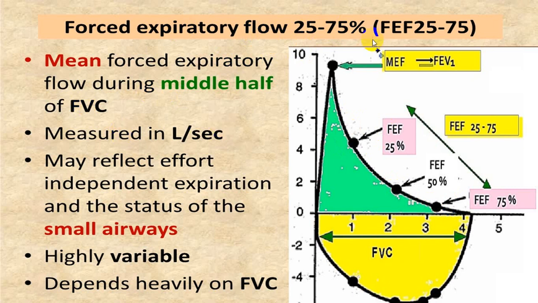Now in a normal person it is more than 60%, but if this becomes less than 60%, it is abnormal, and it is more in favor of a small airway obstruction. So if my FEV1 is normal, FVC is normal, but FEF 25-75 is less than 60, it will be straightforward in favor of a small airway obstruction.